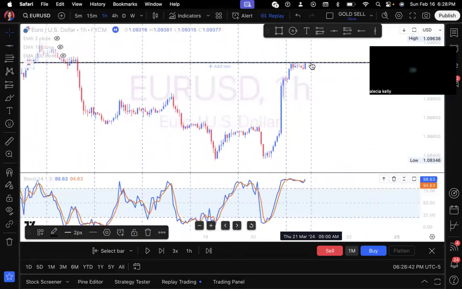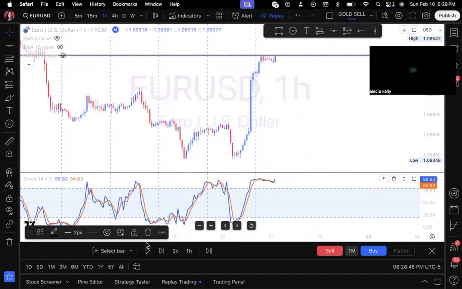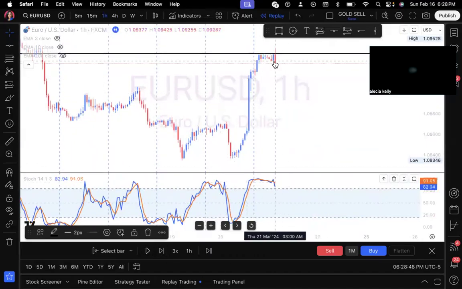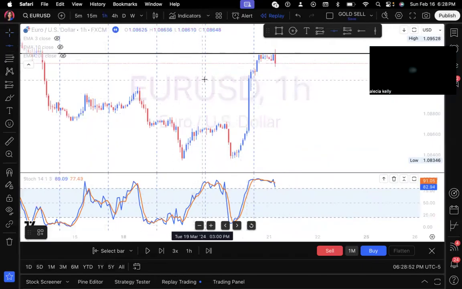3 a.m. is when the London session starts. So you can use the session breaks if you want to do it by 6 candles, like I said, because if you put the chart on the 4 hour, there's going to be 6 candles within the session.